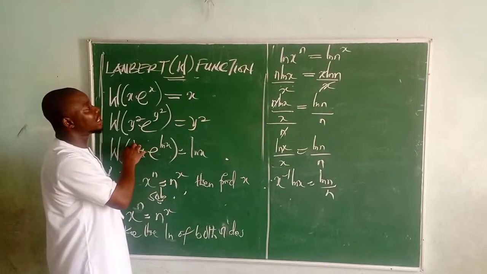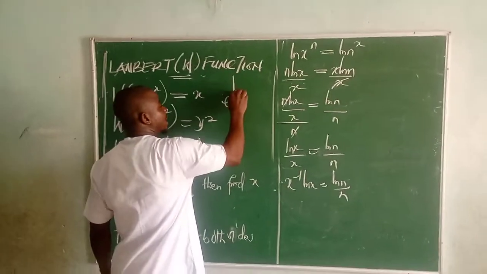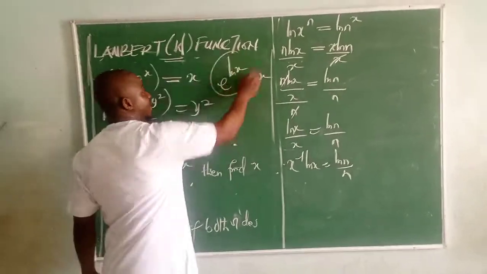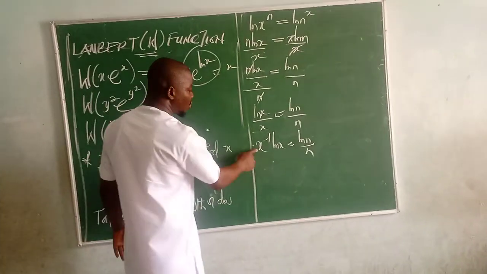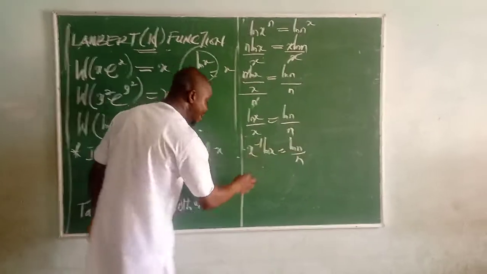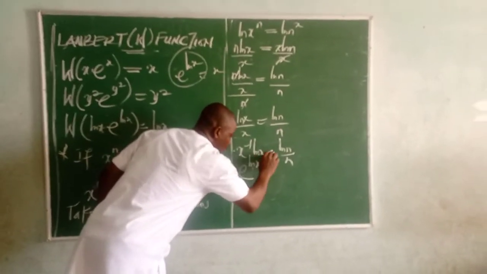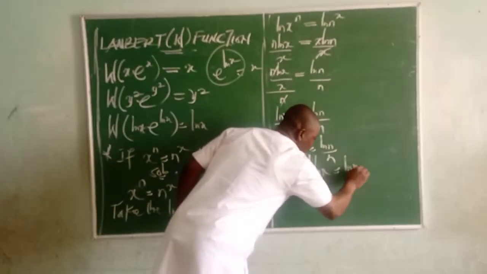I forgot to explain another important thing we need to take note of. Please note, exponential ln x is always equal to x. This is also very, very important. So this x to the power minus 1 is the same thing as exponential ln x to the power minus 1, and then ln x equals ln n all over n.